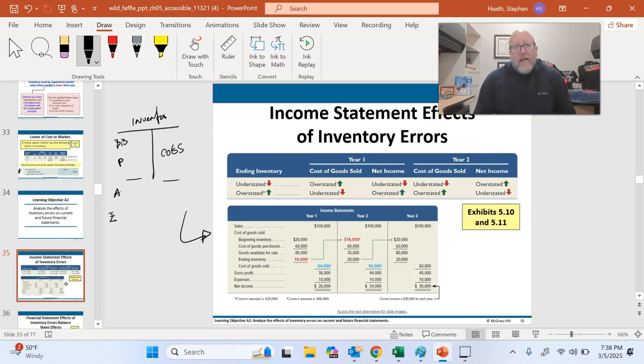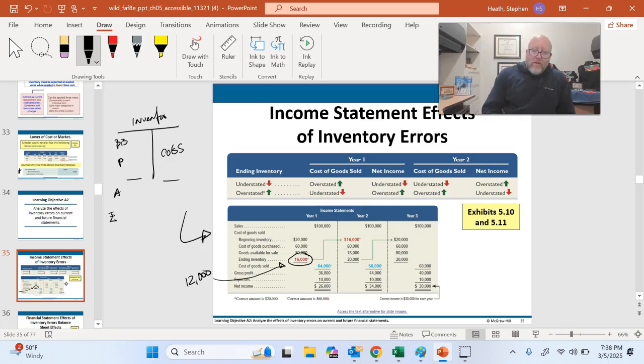And so what we're saying here is if there is an error in ending inventory, right? If our ending inventory is 16,000, but it should be, I don't know, 12,000, this is overstated by $4,000.